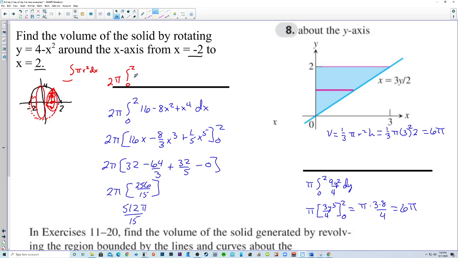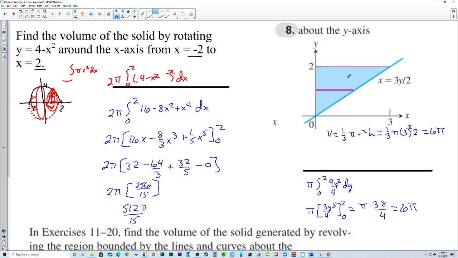So we want r squared, but with respect to x. So that's going to be 4 minus x squared, squared. So there's the setup. We could FOIL this out, integrate, and we end up with 512 pi over 15. So take a look at the integral if you're having trouble with it. If you have questions, just let me know, of course.